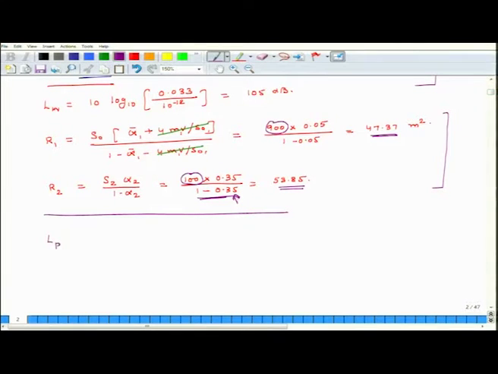So, LP1 equals LW plus 10 log 10 of (4 over R1 plus Q divided by 4 pi r1 square) plus 0.1. Okay.